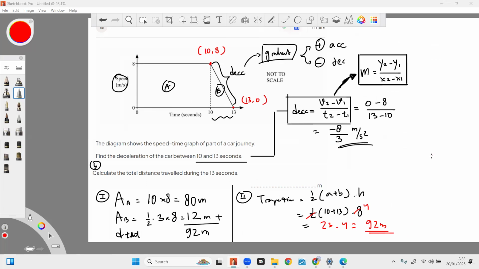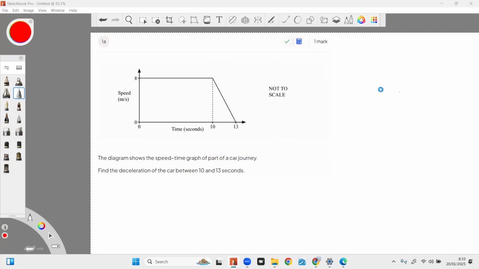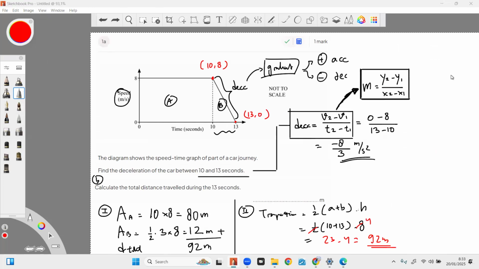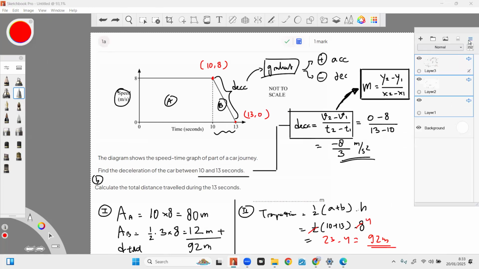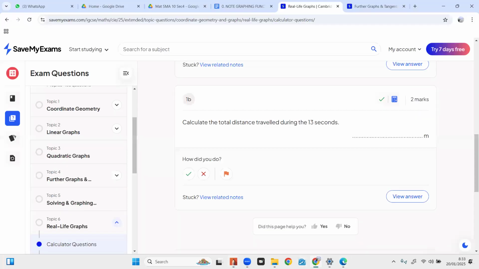Okay, that's this speed time example explained. You can see it also from your modules.